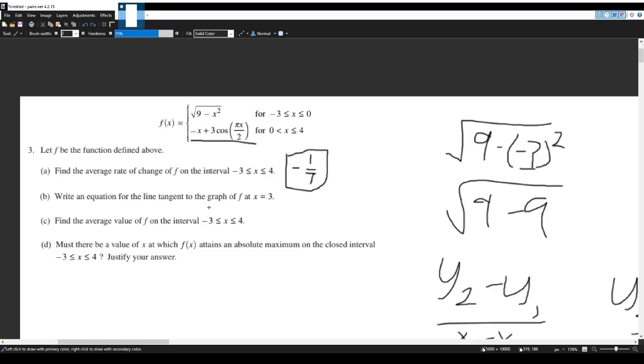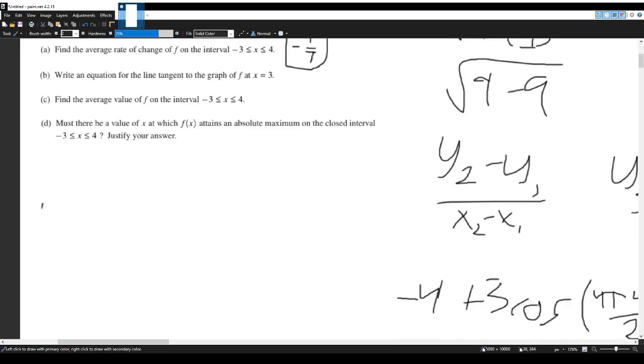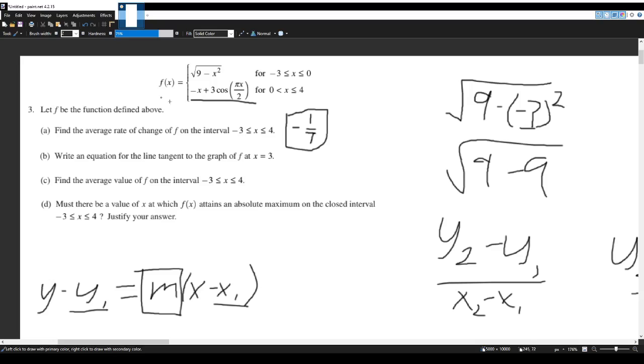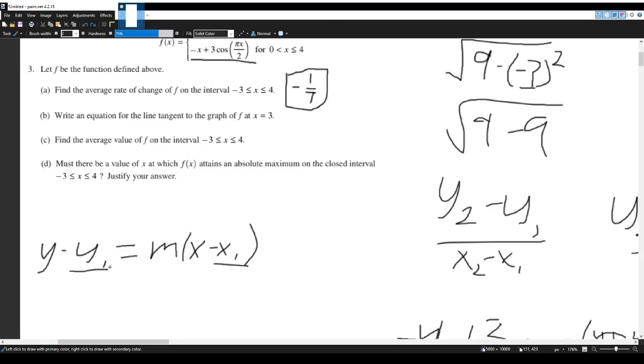Now, write an equation for the line tangent to the graph of f at x equals 3. We're going to want y minus y1 equals m times x minus x1. So we're going to find the point, which is f of 3, and the slope, which is the value of the derivative, f prime of 3.